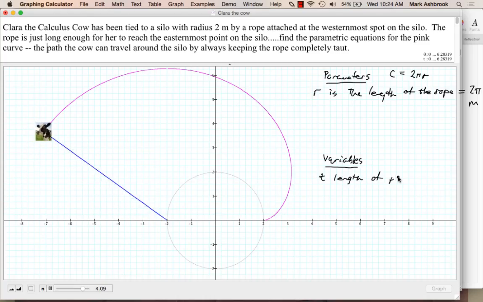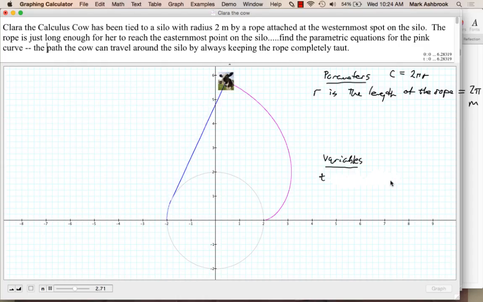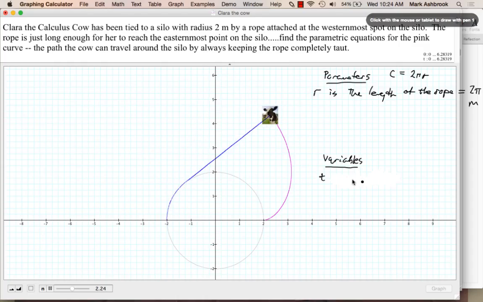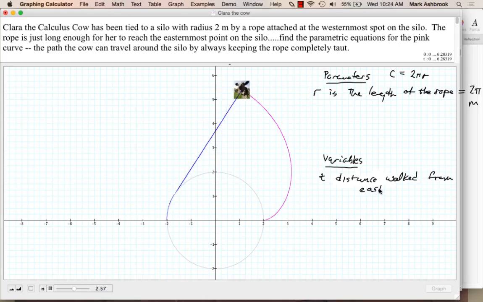Okay? So can we make that more about the situation, right? Can we relate that to Clara? What would that be in terms of Clara? T is not distance from the silo, but isn't it distance walked, from the east side of the silo, east point of the silo?